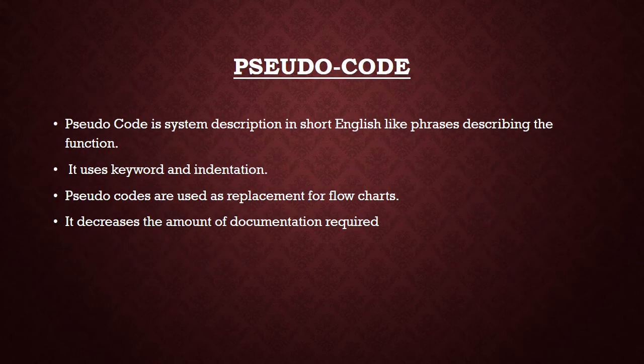Now the next strategy is pseudocode. Pseudocode is a system description in short English-like phrases describing the function. It uses keywords and indentation. Pseudocodes are used as a replacement for flowcharts, and they decrease the amount of documentation required.